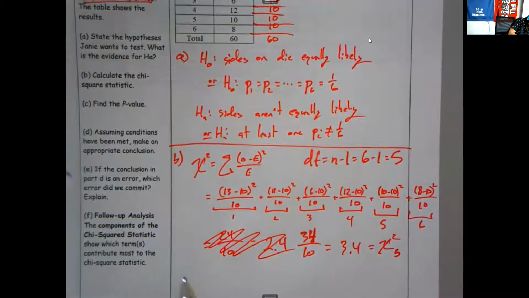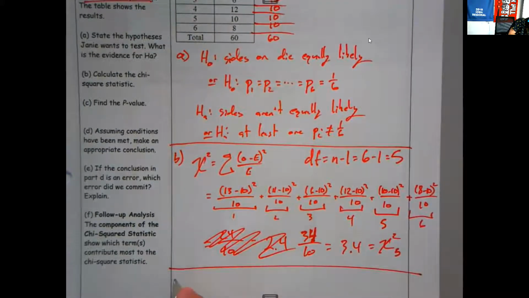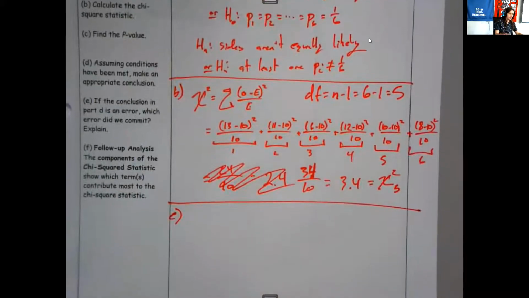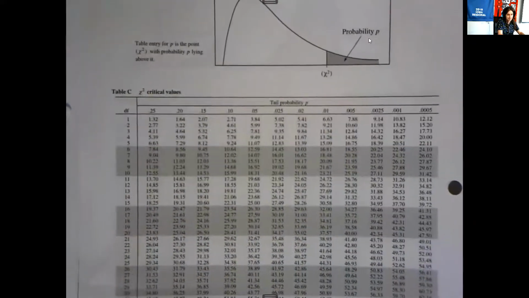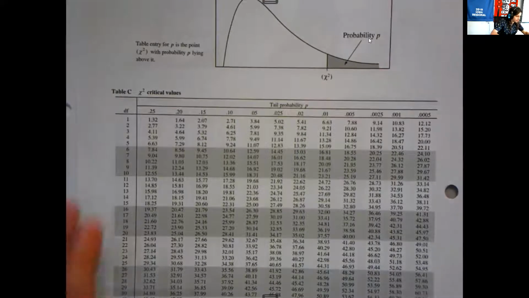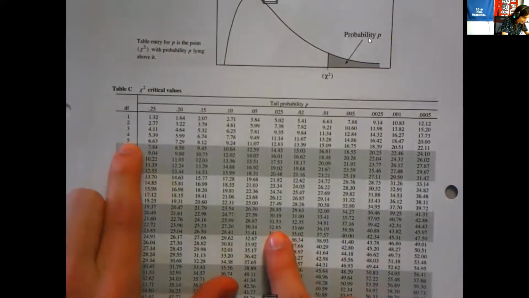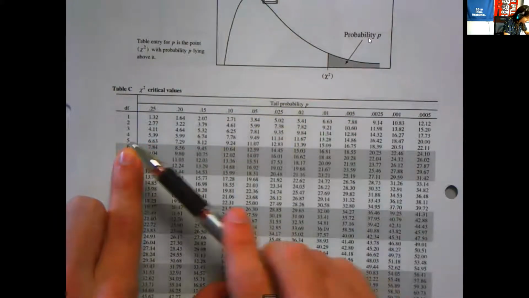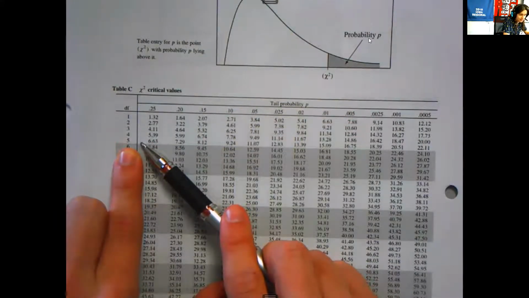Part C, it asks me to find the p-value. I can do that one of two ways. I could either use my chi-square table. We'll use this real quick. I see a degrees of freedom of 5. And then I go until I find my value. Well, 3.4, it'd be somewhere out here.